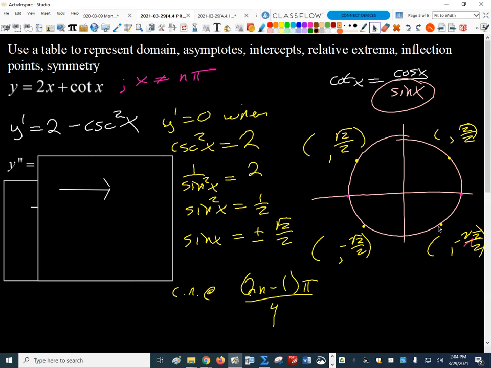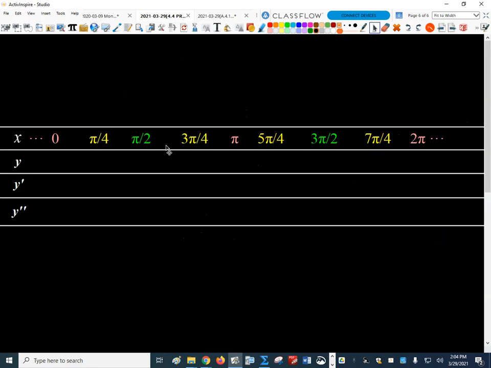I'm going to have an infinite number of laps, but we'll just consider the one lap between 0 and 2 pi, okay? Those are the angles pi fourths, 3/4 pi, 5/4 pi, and 7/4 pi. So we added those values. Those are the yellow critical numbers, right?